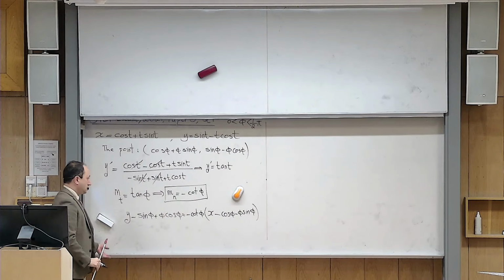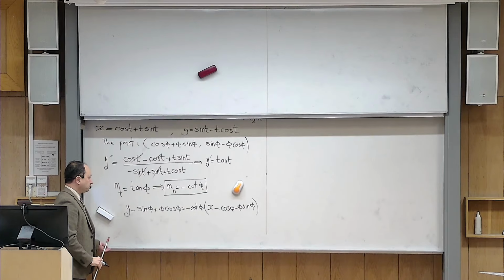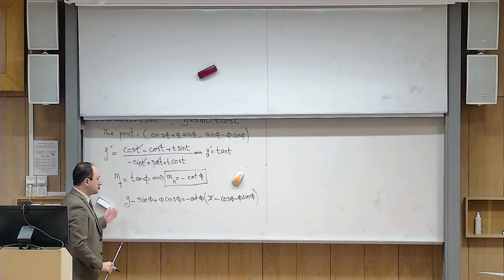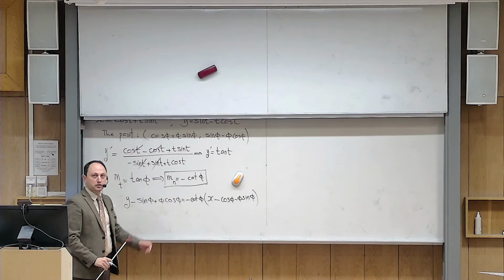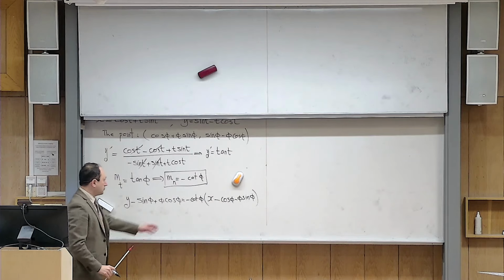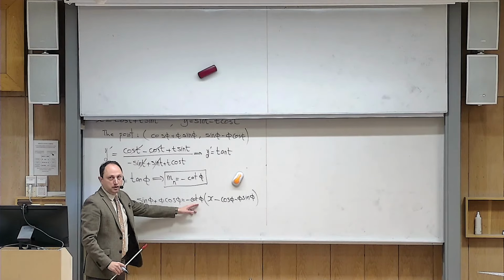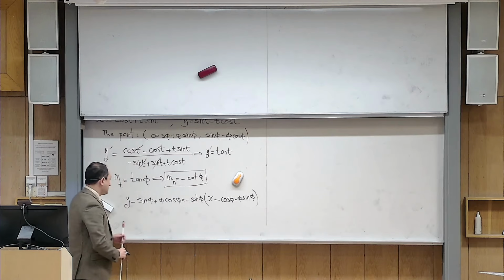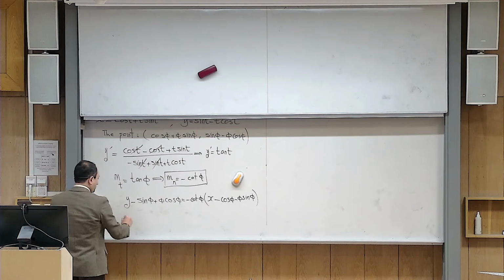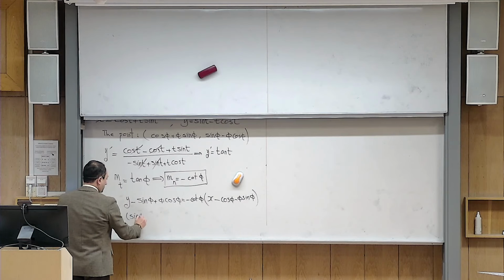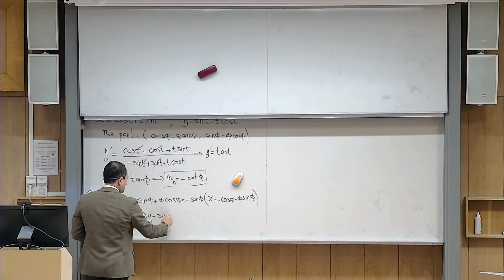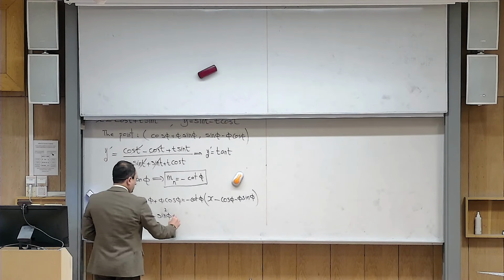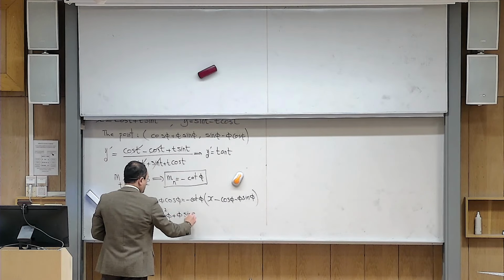So that's it, actually. This is my equation. If you want, you can just express it exactly as before in terms of sine and cosine, but this time I multiply everything by sine phi to get rid of cotangent. So if I multiply everything by sine, this becomes sine phi y, this becomes minus sine squared phi, this becomes plus phi sine phi cosine phi.